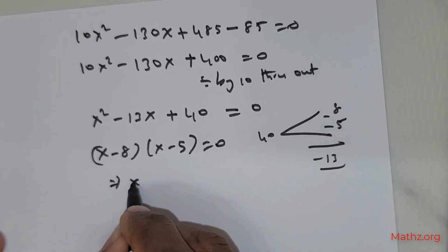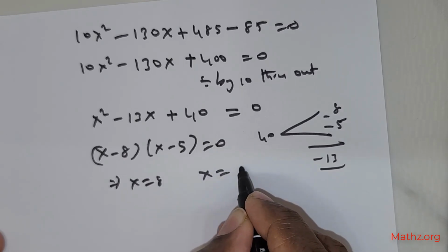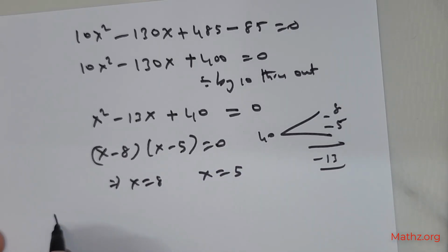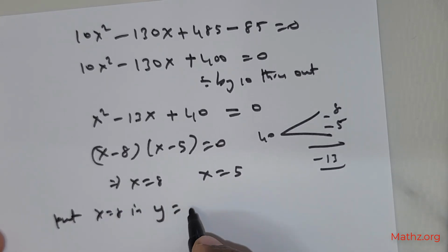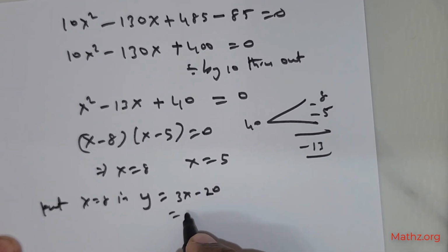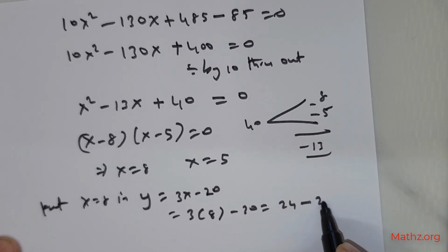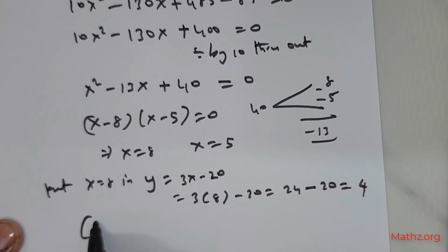And this means x is equal to 8 and x is equal to 5. Now put x is equal to 8 in y is equal to 3x negative 20. So 3 times 8 negative 20, 24 negative 20 is equal to 4. So we have one coordinate here. When x is equal to 8, you have 4.